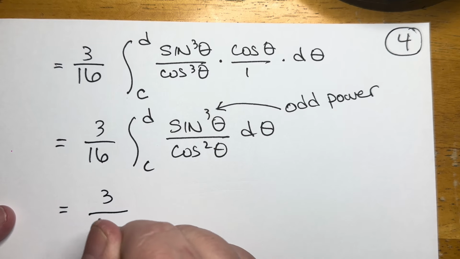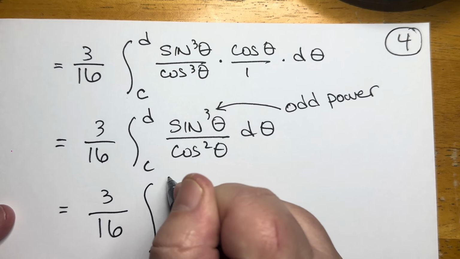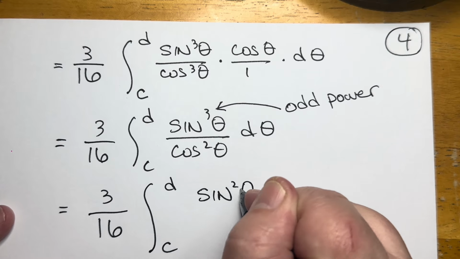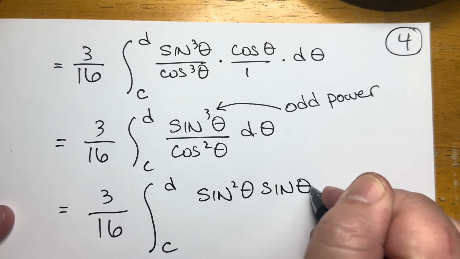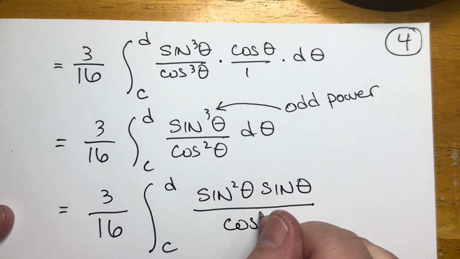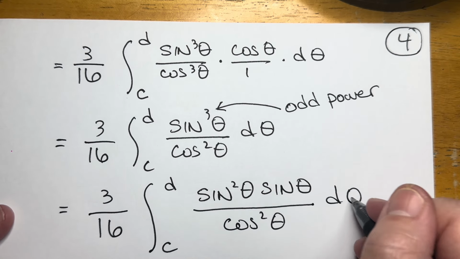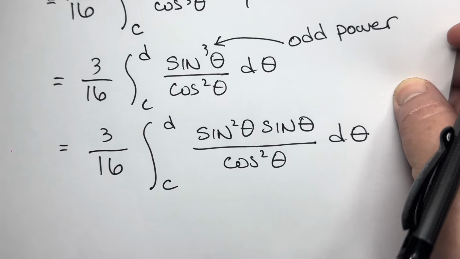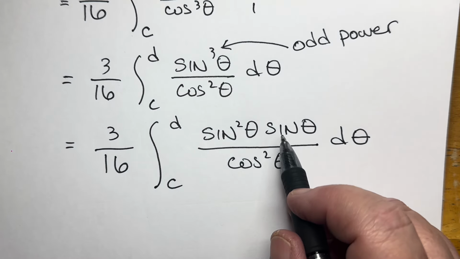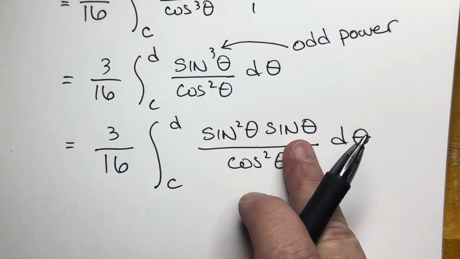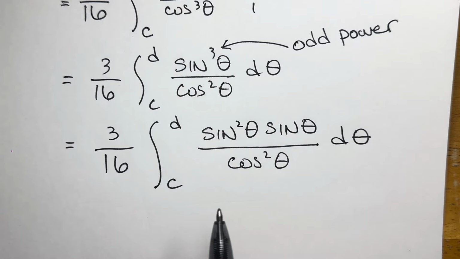It looks like this: sine squared times sine theta over cosine squared theta d theta. And since sine is the odd one, there are 2 cosines but 3 sines, we're going to go ahead and convert.